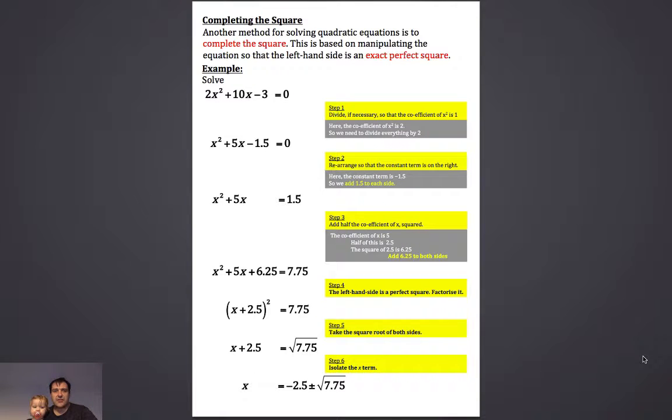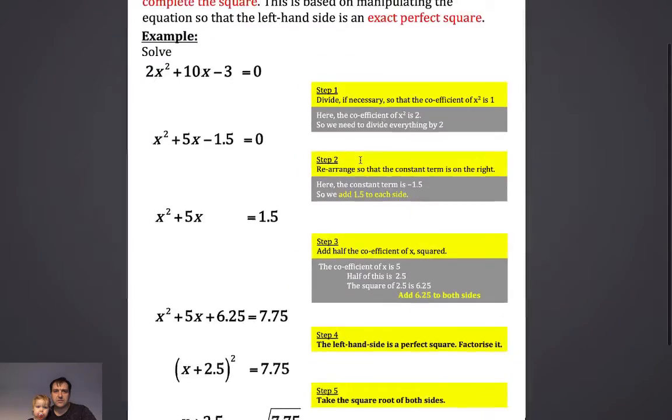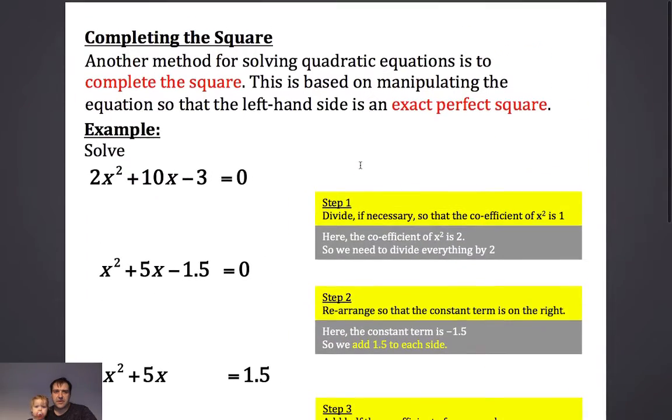So here is that sheet that you should have had a copy of in class. Zoom in here. There we go. I gave you a step-by-step recipe here. The first step was to divide, if necessary, so that the coefficient of x squared is 1. Here the coefficient of x squared is 2, we've got 2x squared.